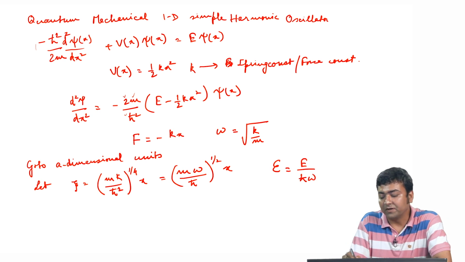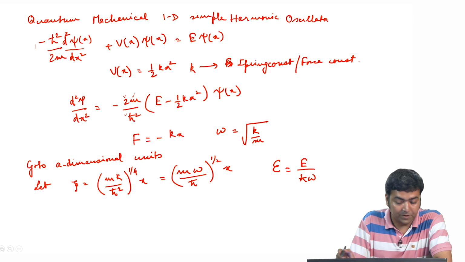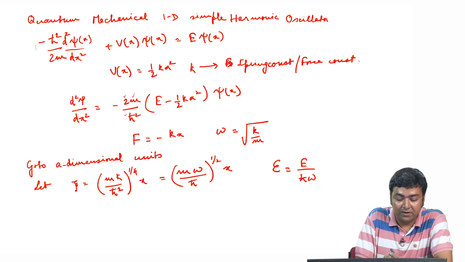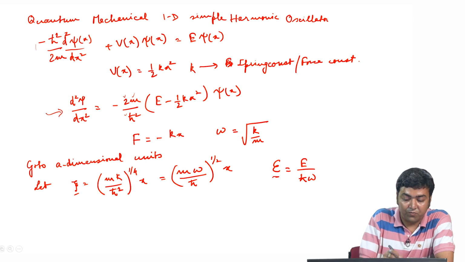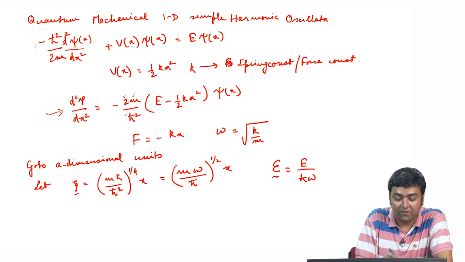So, this is my unit of energy, which is epsilon, and if I plug in this zeta and epsilon into this particular equation, the equation gets modified in the following way.